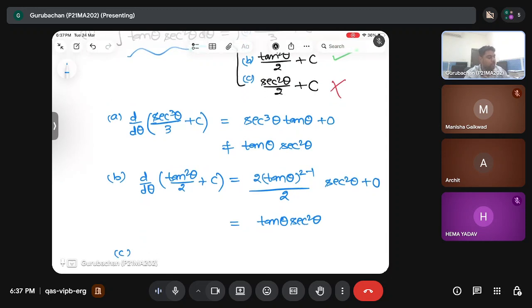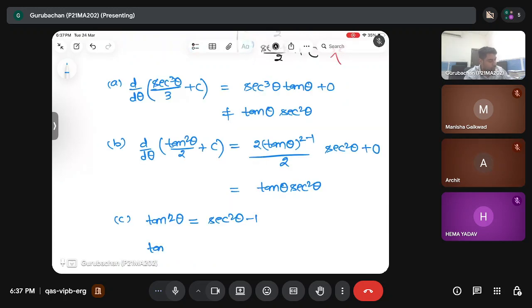One way is obviously to differentiate. Another way is, you can write secant square theta as 1 plus tan square theta, and 1 by 2 will adjust with the constant. Good. So we can adjust anything with the arbitrary constant.